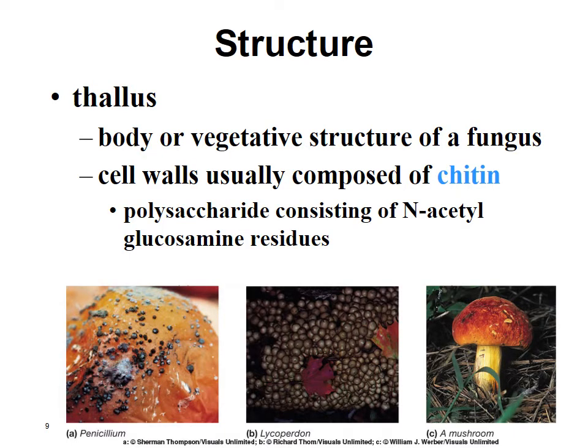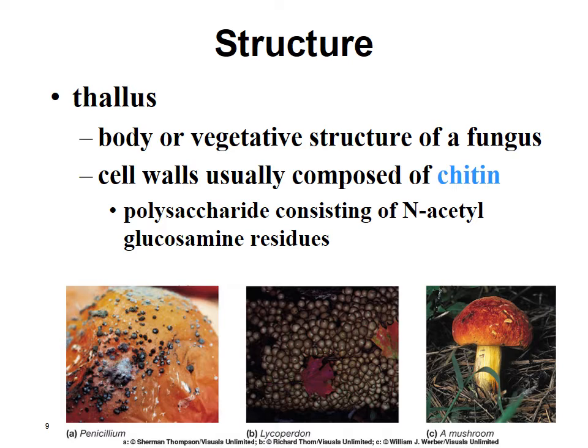We'll now look at the structure of fungi. The body or vegetative structure of a fungus is called a thallus, plural thalli, and the thallus varies enormously in complexity and size, ranging from a single-celled microscopic yeast to multicellular molds, macroscopic puffballs, and also mushrooms.